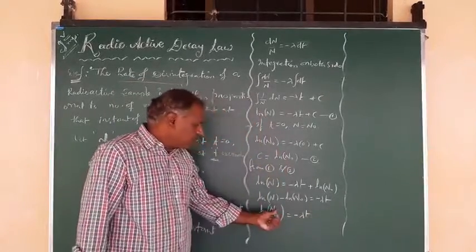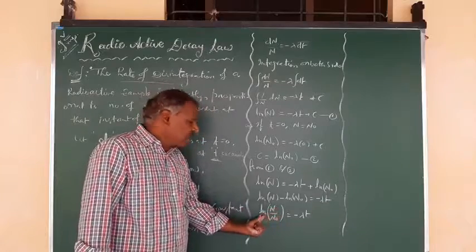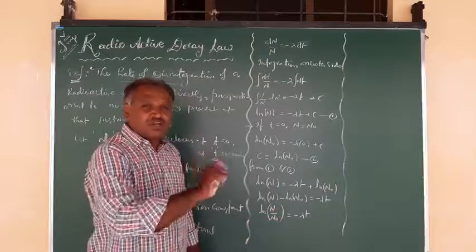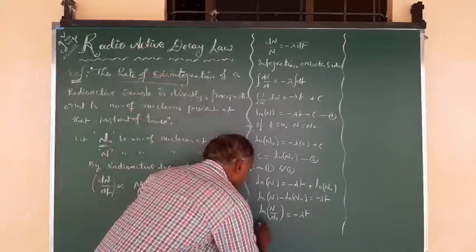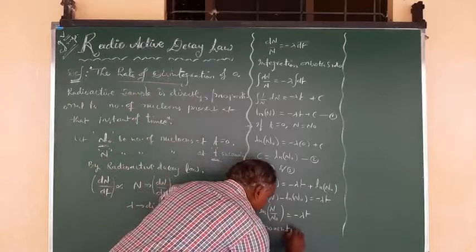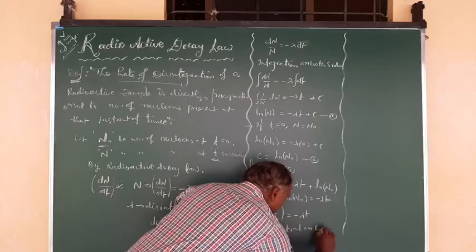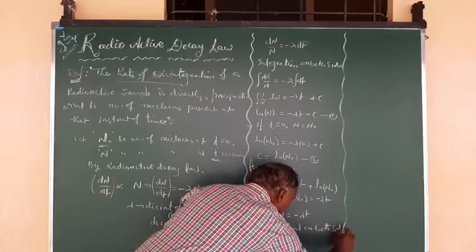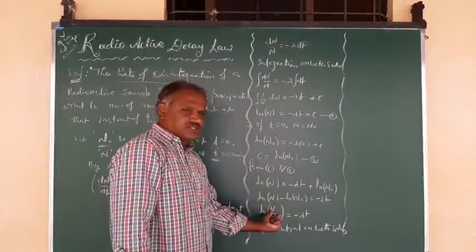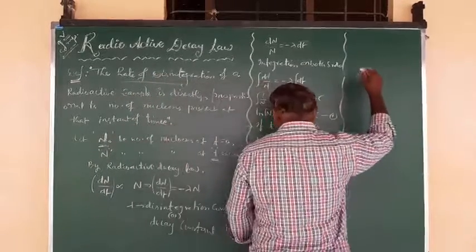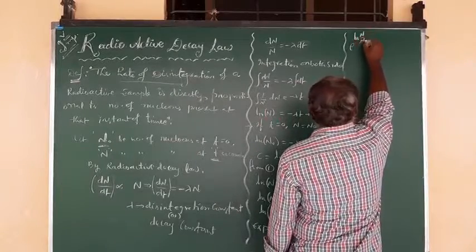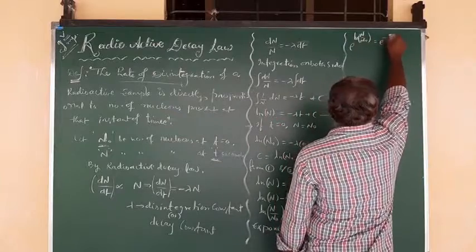We need to write the equation for N, but it is within the log. So this logarithm has to be eliminated by taking the exponential on both sides. Then e power of ln of N by N naught is equal to e power of minus lambda t.